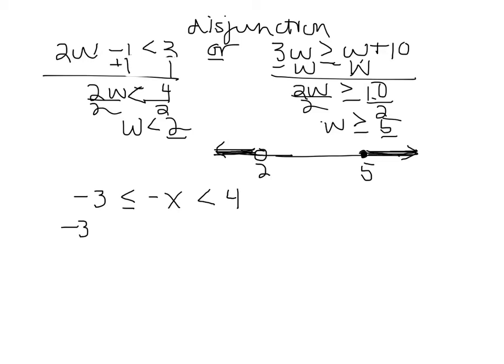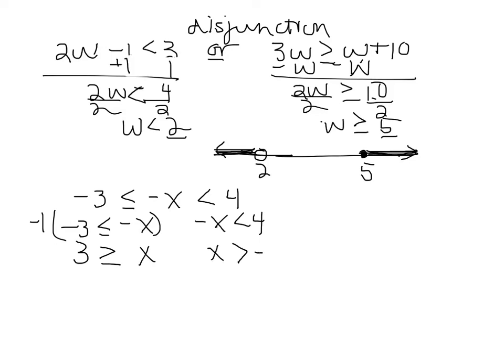I have to say negative 3 is less than or equal to negative x, and negative x is less than 4. And this means that, just like I always multiply by a negative number, I always have to remember that the sign switches. That means that x is greater than negative 4, because I'm basically multiplying by negative 1.